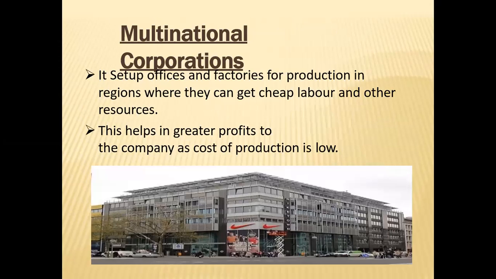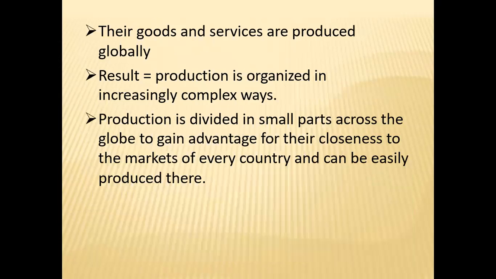So, what do multinational corporations or companies do? They set up offices and factories for production in regions where they can get cheap labor and other resources. This helps in making their profits greater and the cost of production lower. When an MNC comes, it will go to remote places and start setting up their factories and offices there because they will get large space at a cheaper price.